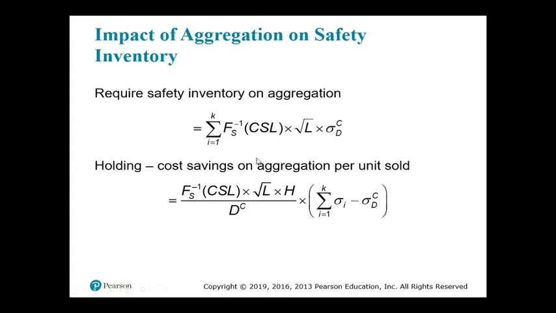And so for the aggregate option, we can also use the safety inventory formula. There shouldn't be the summation. In the aggregate solution, we're also facing one total demand with sigma DC as the standard deviation.